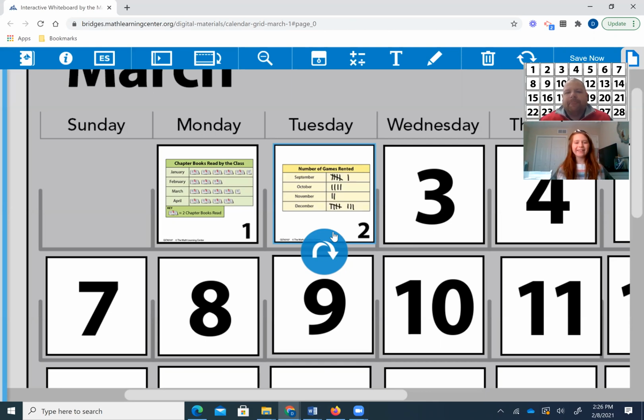While we're waiting for it to flip on your screen, they're measuring books, but they're also measuring by time, right? They're measuring by months. Yes. So we'll see if that seems to be a pattern too. Still waiting. I wonder why it's doing that lately. Mr. Tracy might need to upgrade his internet on his computer here at school.